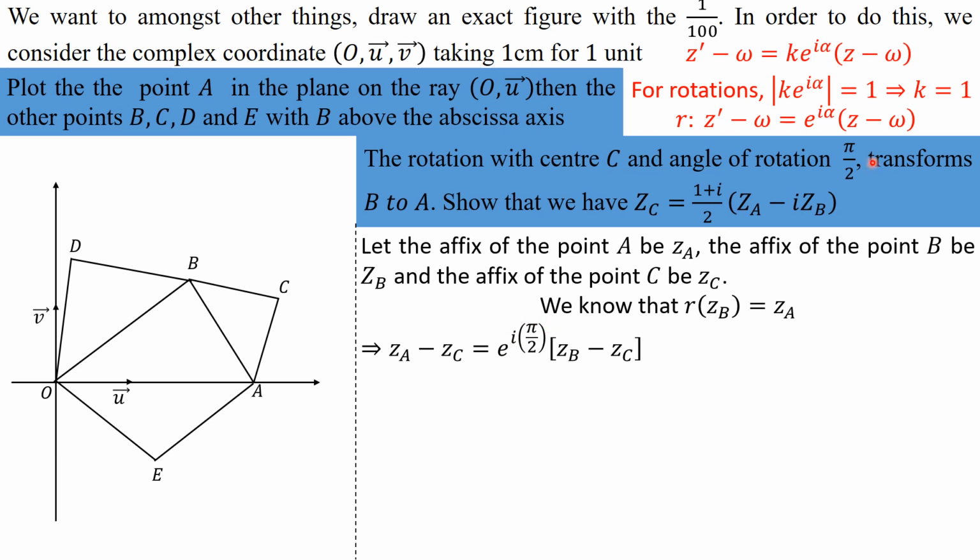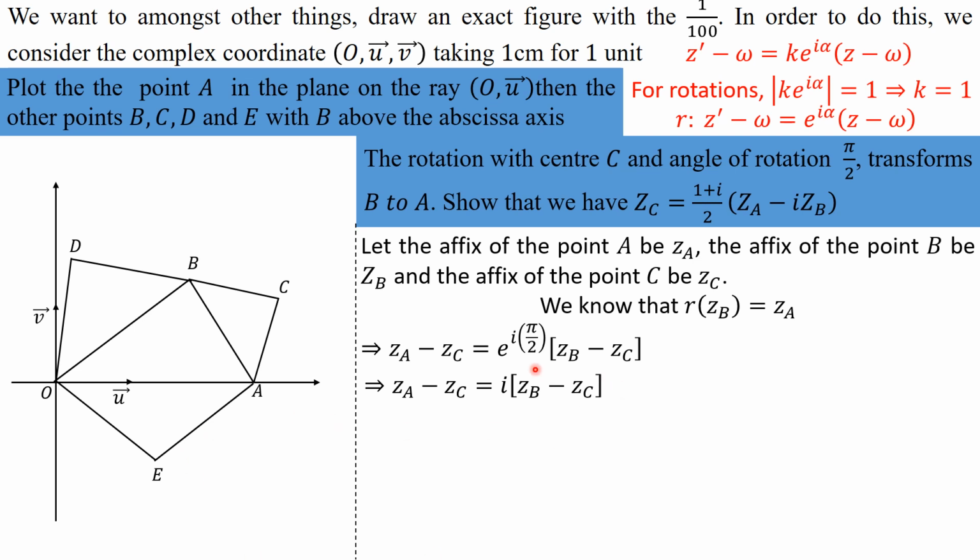Now, the angle of rotation is pi ln 2, so I get e raised to the power i pi ln 2 into, in the place of Z, I put the affix of the point, which is ZB, because ZB is the affix of the point that is being transformed to ZA. And finally, minus omega, the affix of the center is ZC.